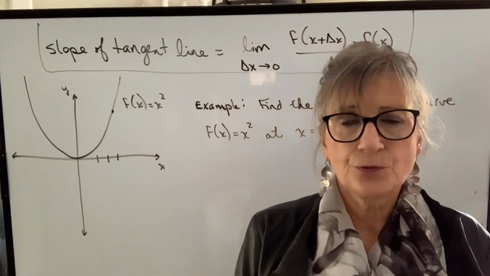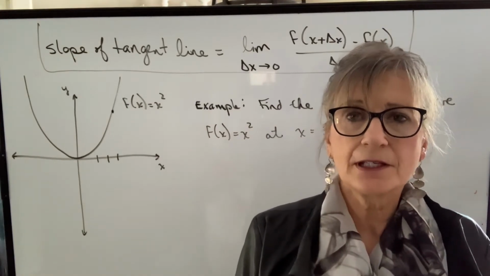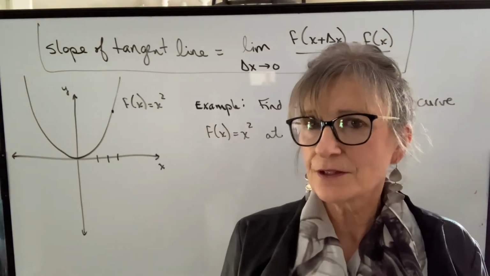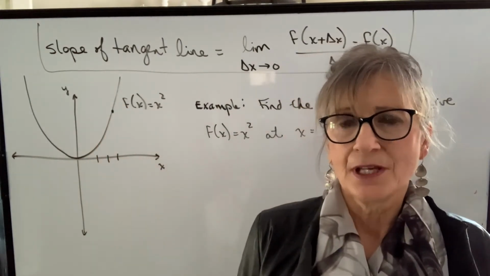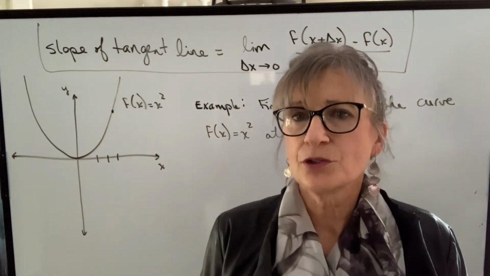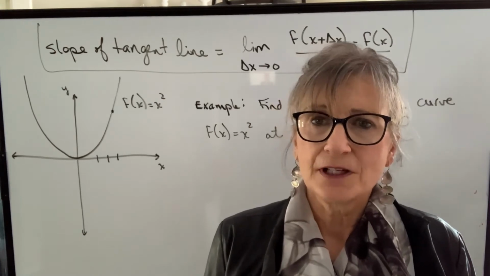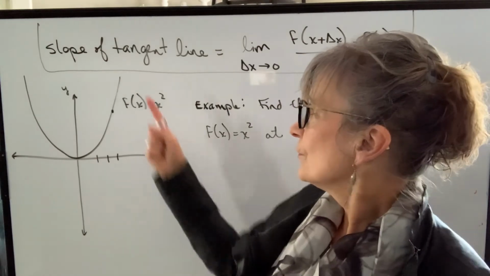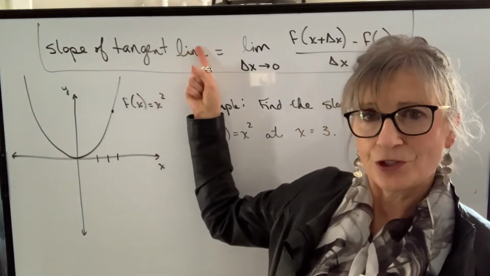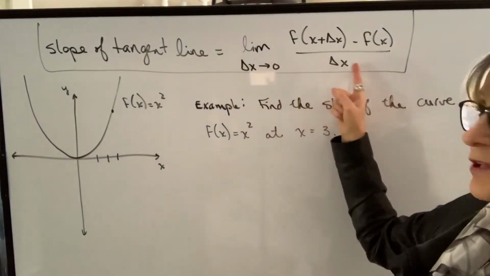What I want to do first is find the formula for finding the slope of the curve, and then I'll find it at that specific point. The advantage of that is that once I've got the formula, then I can find the slope at any point on that curve. So to find the slope of the curve, I find the slope of the tangent line to the curve, and I'm going to use this formula.